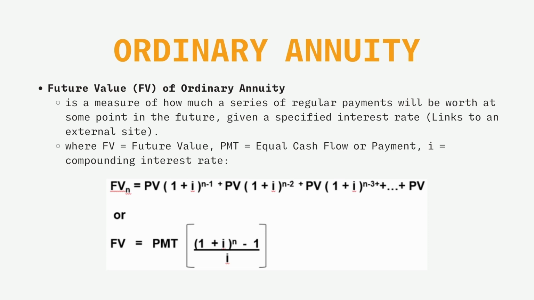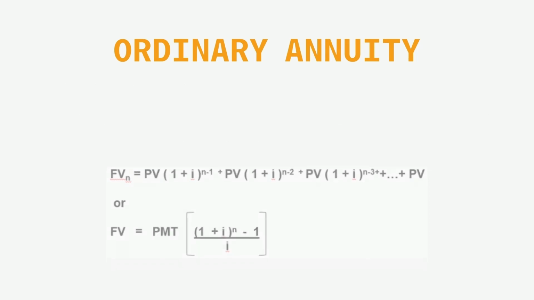If you're making regular payments on a loan, the future value is useful in determining the total amount of the loan. In this formula, FV is for future value, PMT is the equal cash flow or payment that you're receiving if not paying, and i is the compounded interest rate. That is the formula to be used for future value of ordinary annuity.